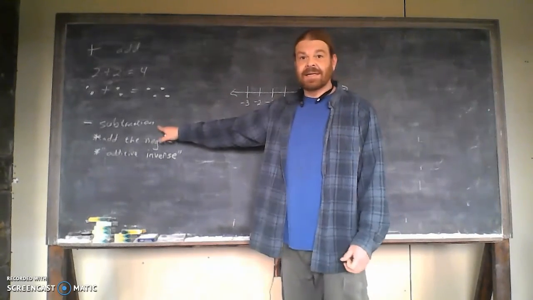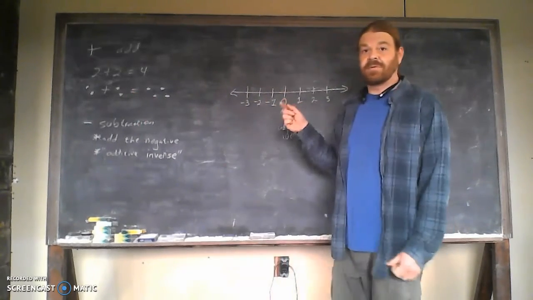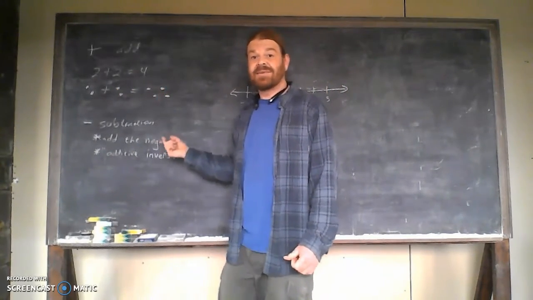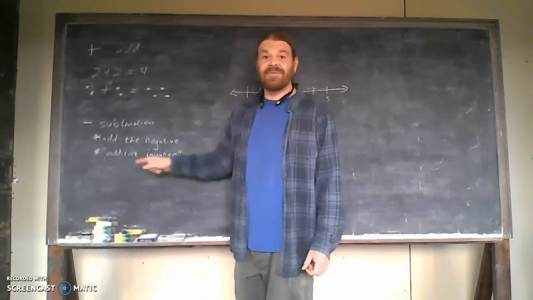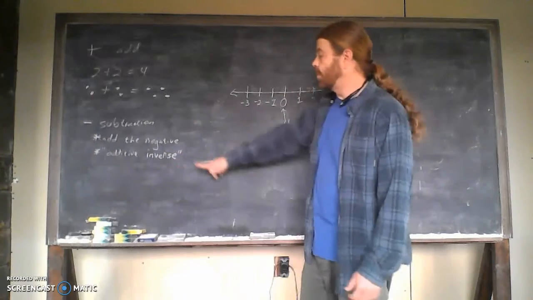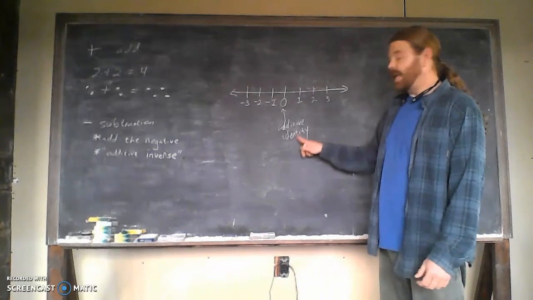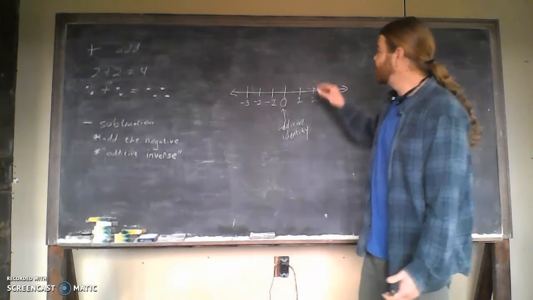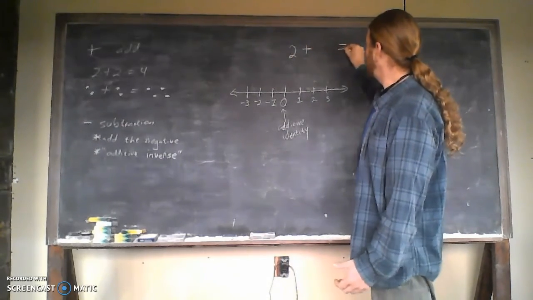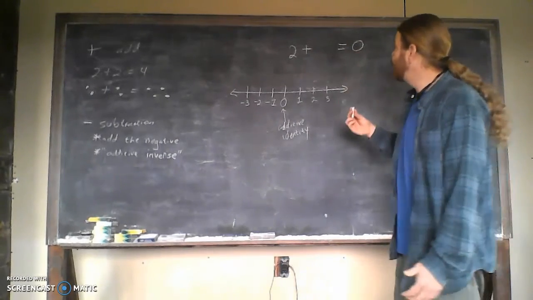So subtraction, we really want to view instead of the opposite of addition. If we think of addition as increasing things, instead of thinking of decreasing, we want to think of the additive inverse. Subtraction, or add the negative, or the additive inverse, is the thing we add to a number to get back to the identity. For example, 2 plus something, and we want to get back to the additive identity, which is going to be 0, the number that doesn't do anything when we add.